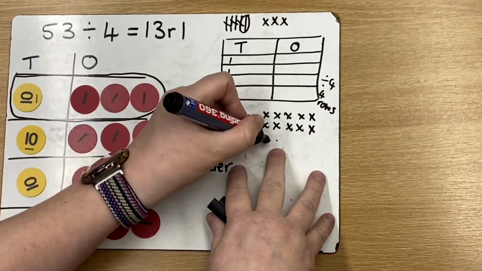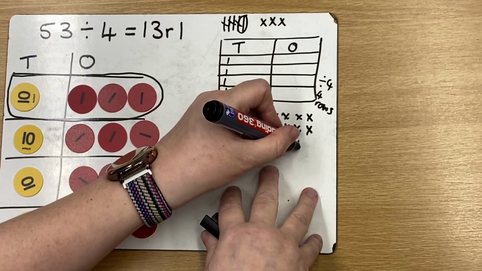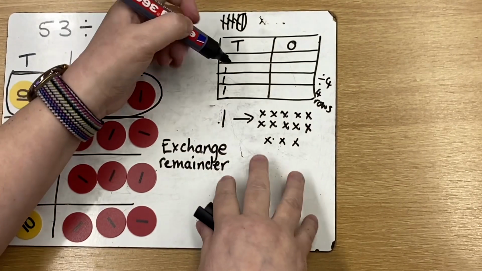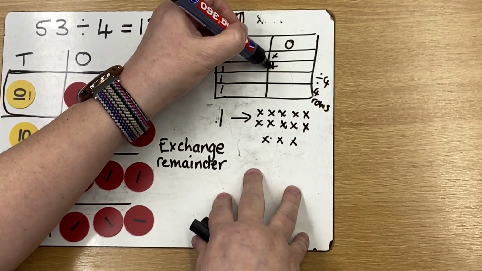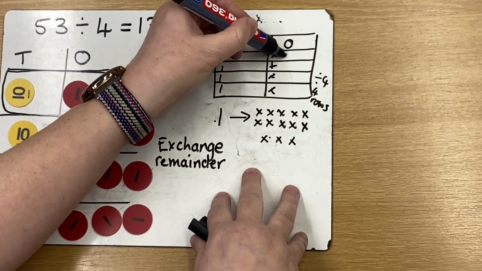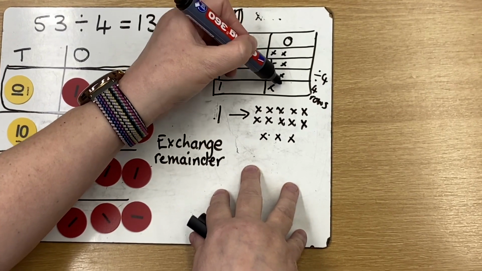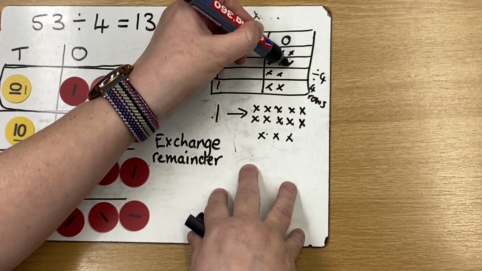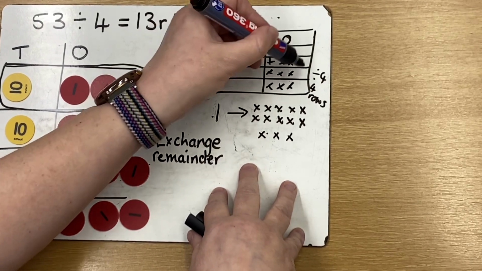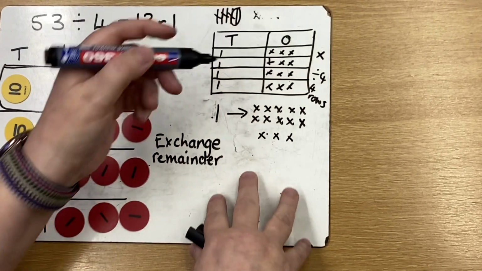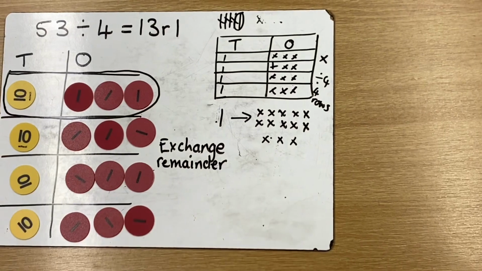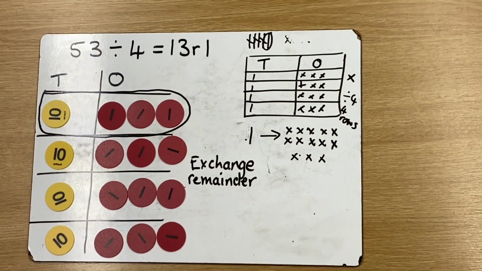I then have 13, so I bring down my other 3, and then I can share them out: 1, 2, 3, 4, and again we build that pattern so that the children can see. And there's 1 left over. Can't have 1 left over, we call that the remainder, and that's where we get to in year 3.